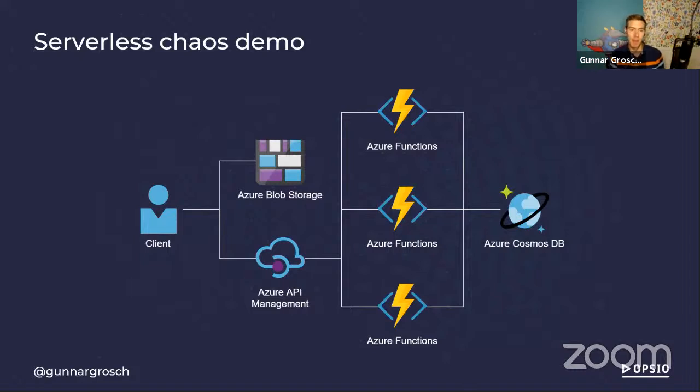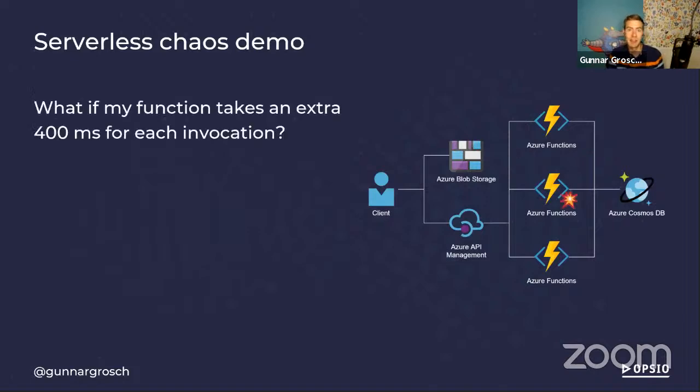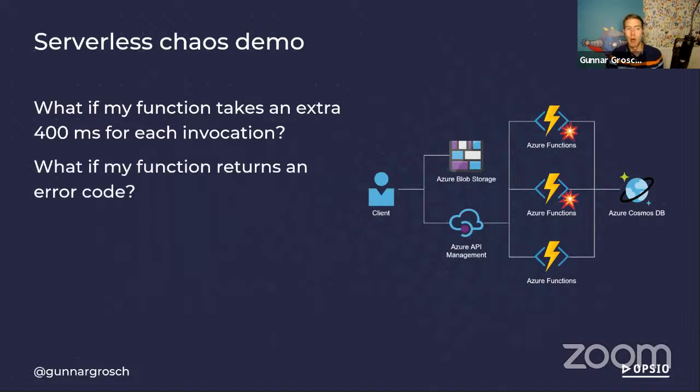But with the help of that, we're able to then test some simple experiments. So with that in mind, this is the architecture. Now we need to create our experiments, of course. So we start off with those what ifs that I mentioned earlier. What if my function takes an extra 400 milliseconds for each invocation? What if my function returns an error code?